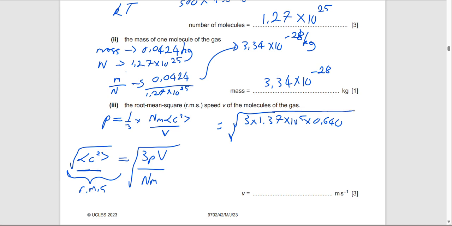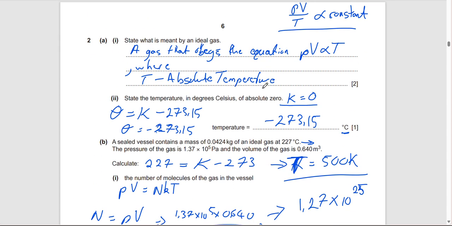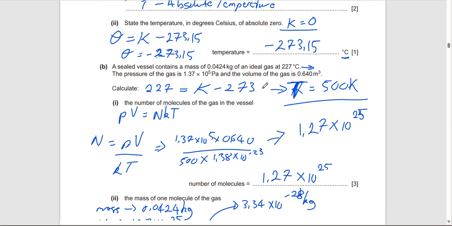Then we're going to divide by the mass of the gas, 0.0424. This is the mass of the gas that we have.